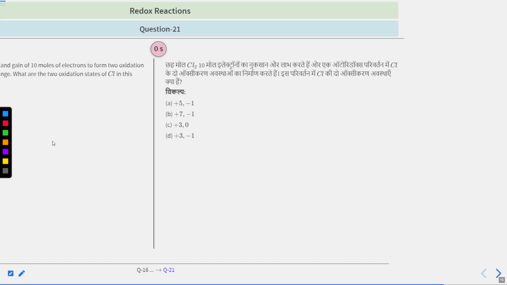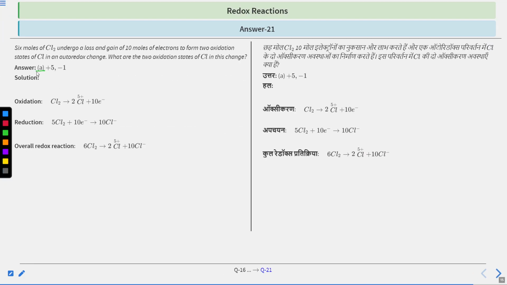Okay, so let's see. The correct answer is option A, that is +5 and -1. As I said, in the auto-redox change, both oxidation and reduction are happening with the same element. So Cl2 on oxidation gives 2Cl plus 10 electrons, and the Cl in the 2Cl is in the +5 oxidation state.